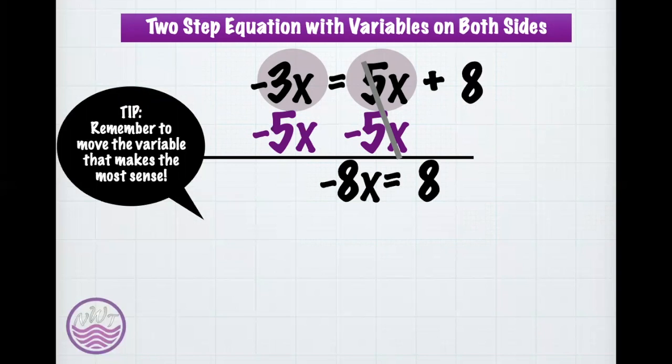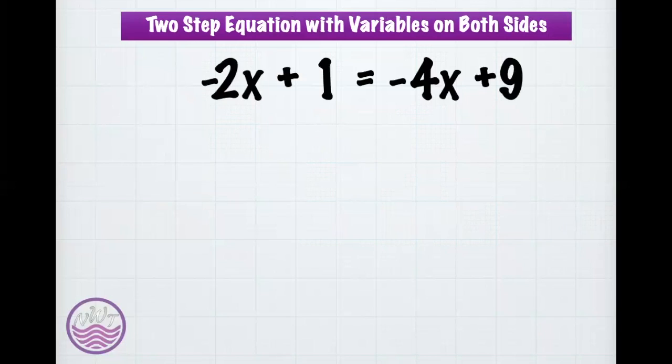So I'm going to use inverse operations to divide both sides by -8. Make sure you're not just doing positive, but negative, because you need to make sure that x is completely by itself. So going from there, I would get x equals -1, because a positive divided by a negative is going to be a negative.